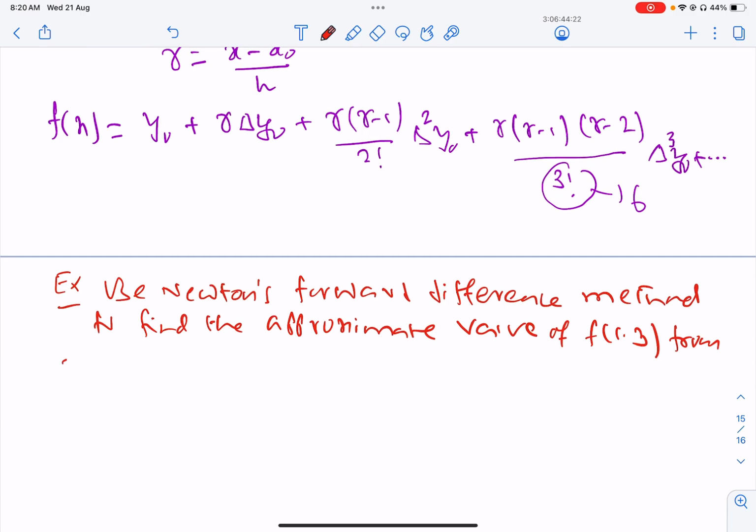So you are given data like this: x, f(x), that is the value of y.